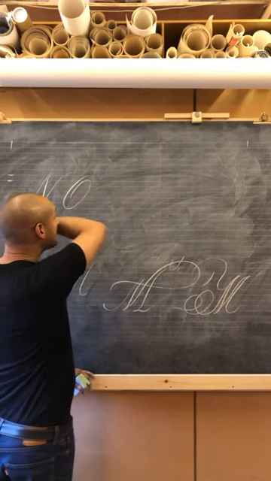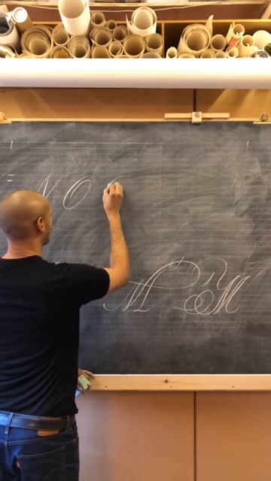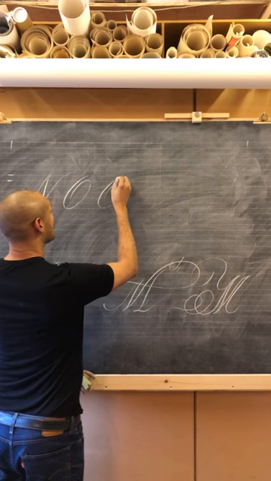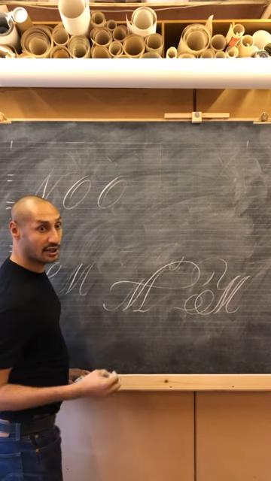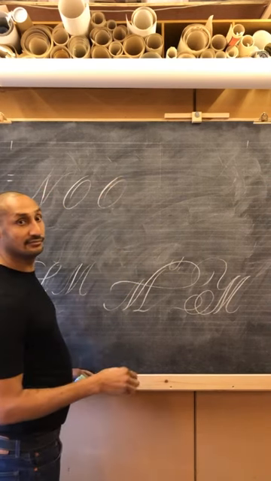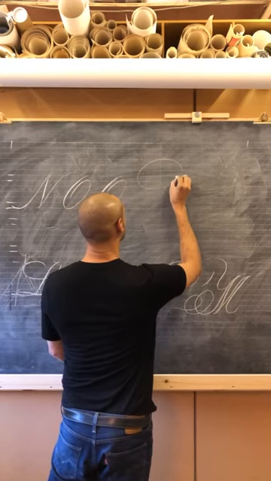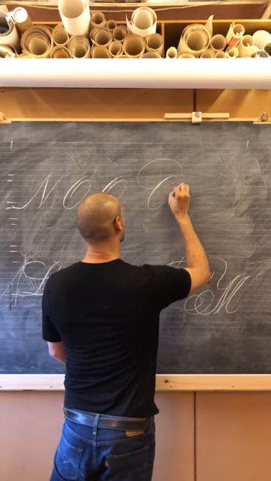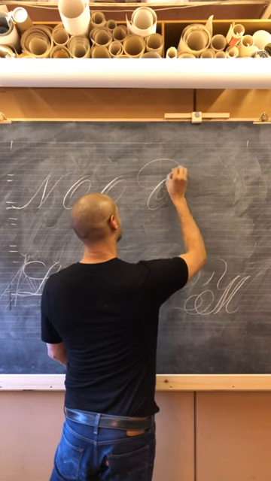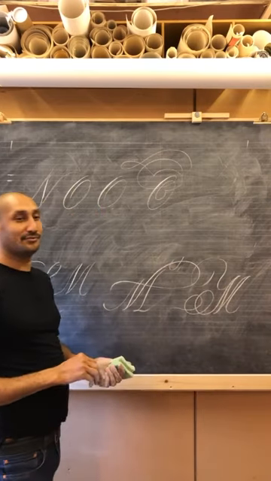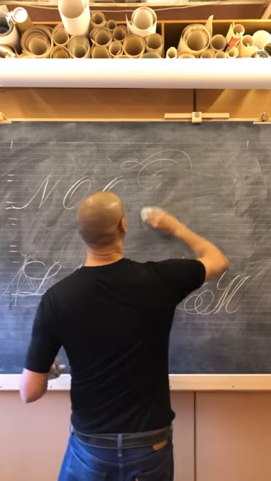So I difference the O like this. So I have more weight on the outside than I do on the inside. Now, there is another O you could do this, if you really have the inclination to.